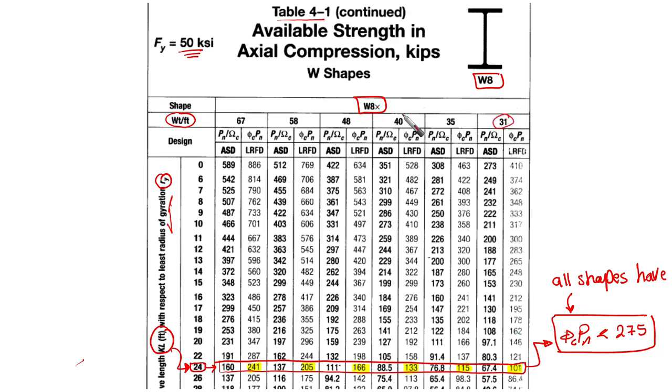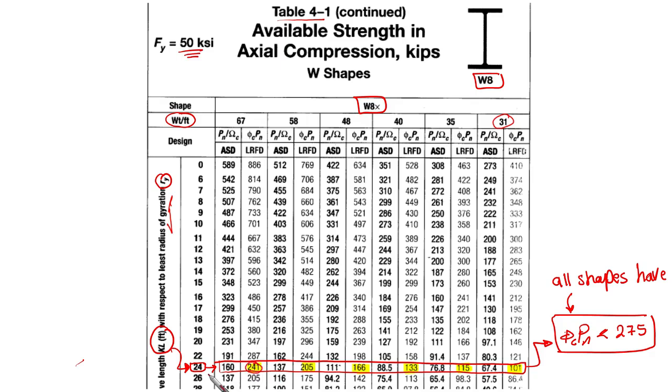Under W8x31, the strength is 101, which is not acceptable. It is less than 275. Then go to 35, it is 115, still less. For 40, it is 133. For 48, it is 166. For 58, it is 205. We are closer now. And then for W8x67, it is 241.